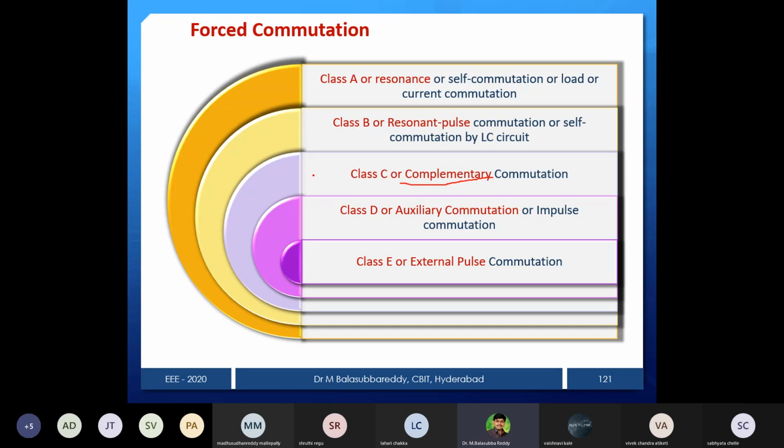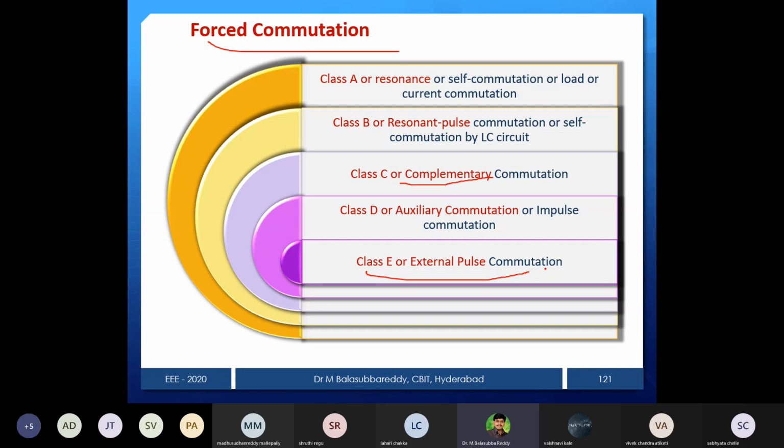So these are the different methods of commutating circuits, the 5 methods. Another one, class F commutation, we already discussed in the previous class. We call it natural commutation, not forced commutation. That's why we need to discuss only these forced commutation techniques.